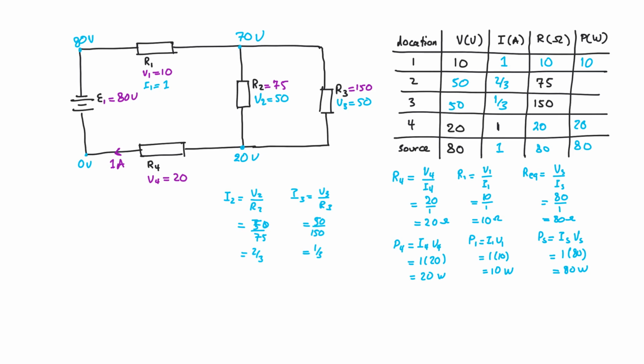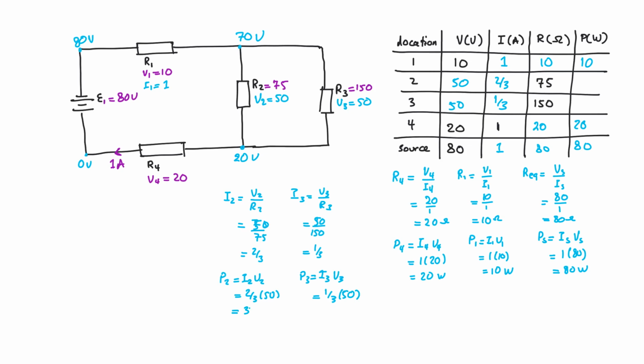The thing that we need to do on our circuit is to find the power and just make sure all the powers add up. Power 2 is I2 V2, which is 2/3 times 50, and power 3 is going to equal I3 V3, which is 1/3 of 50.